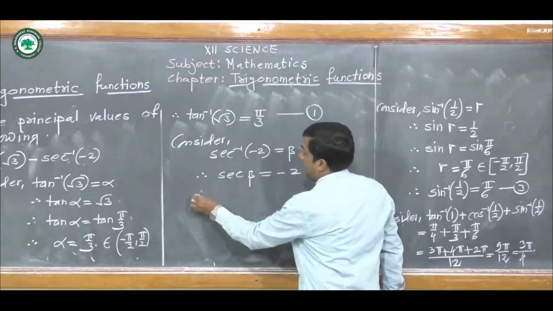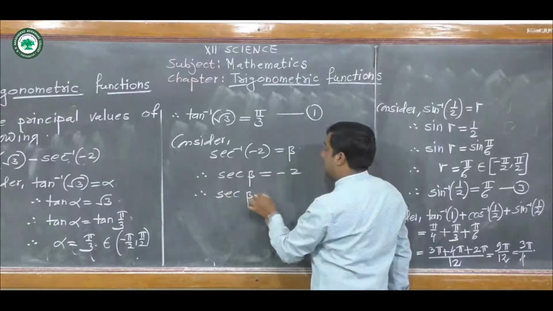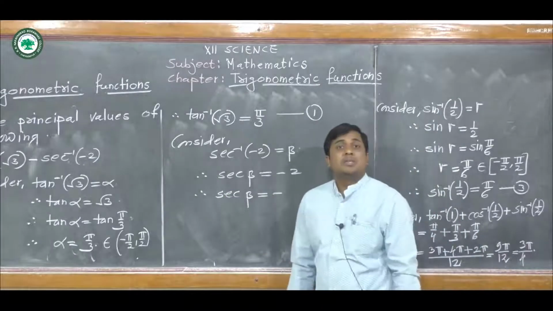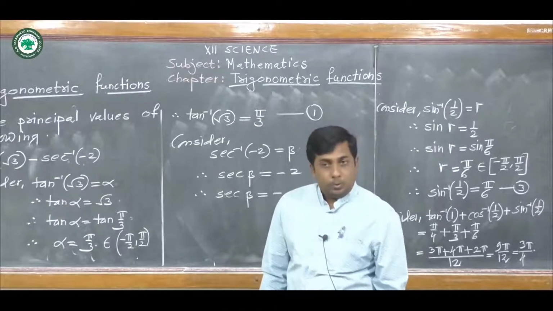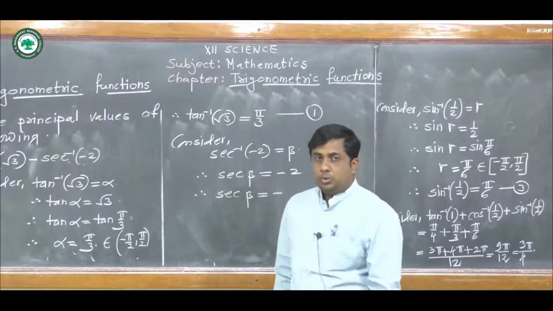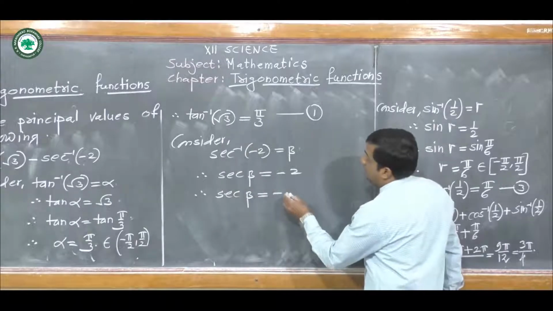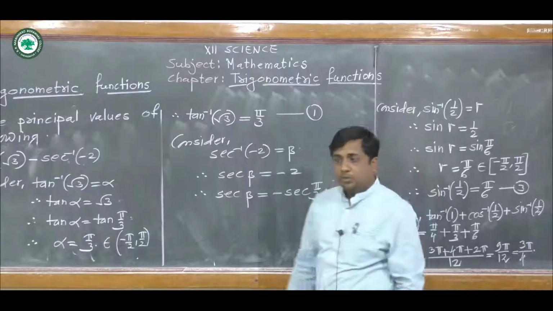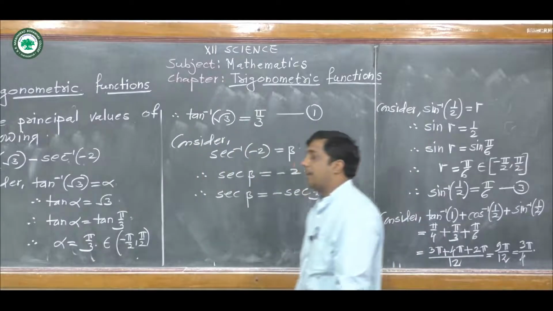Now we know sec pi by 3 is 2. So I write minus sec pi by 3.